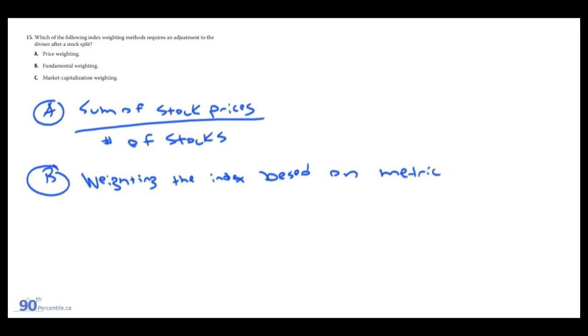So it could be earnings, dividends, cash flow, something like that. So then you would essentially take the weighted average of each company's metric and sum up all of those and come up with the index price. So it's a little bit more ambiguous from a formula perspective.